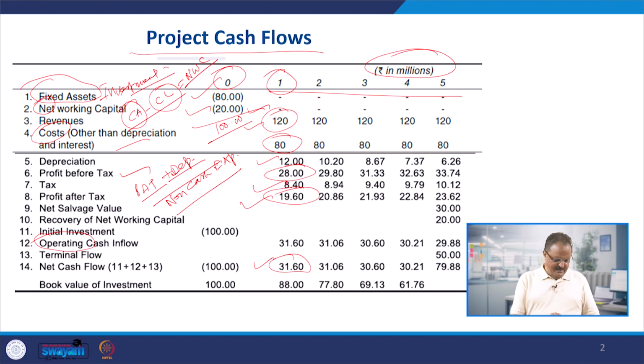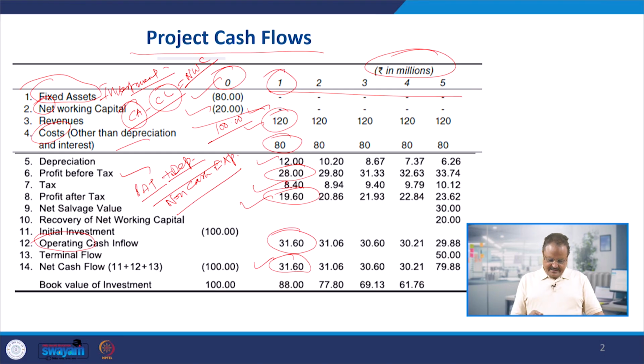In the present case, we have only depreciation of 12. So 19.6 plus 12 becomes 31.60 as the operating cash flow. And this is the net cash flow also, because there is no other entry between the operating cash flow and the net cash flow. So we will take this as the final cash flow at the end of the first operating period.